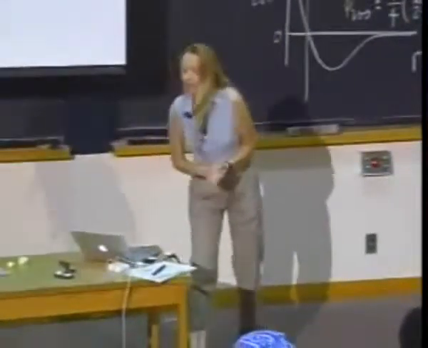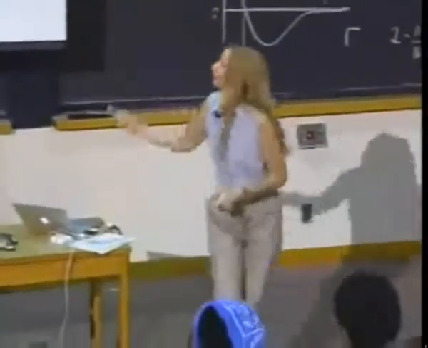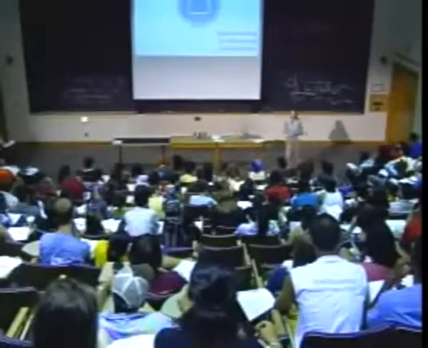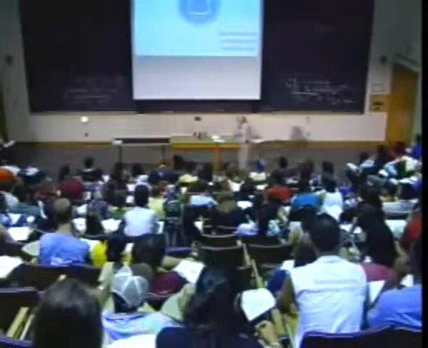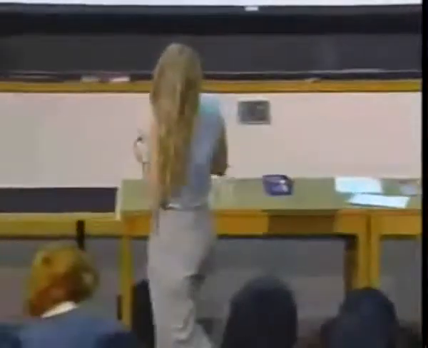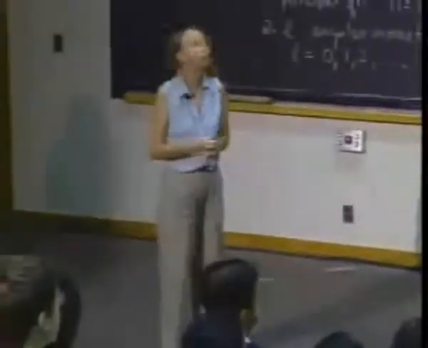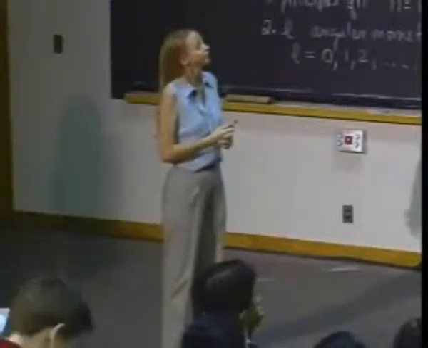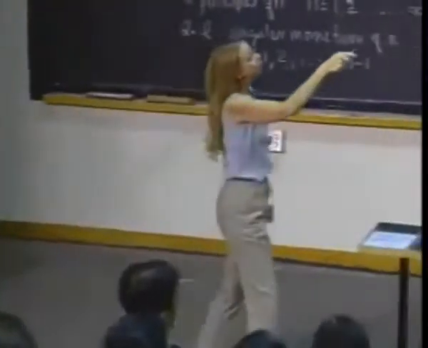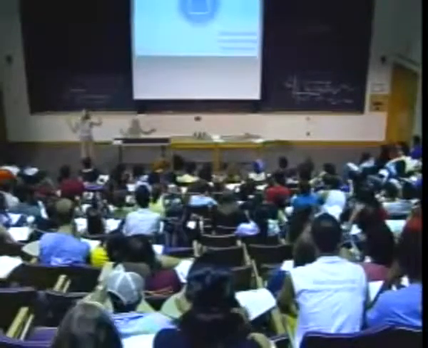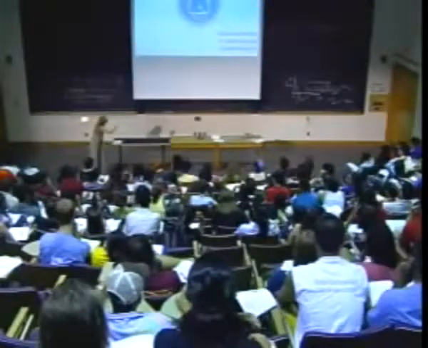So let me try to explain that some more. Here is this gray part. That's my probability density that I drew before, the dot diagram. This is a 1s wave function. This is the probability density for the 1s wave function, psi 100 squared. This blue thing here is a spherical shell. It has some radius r.